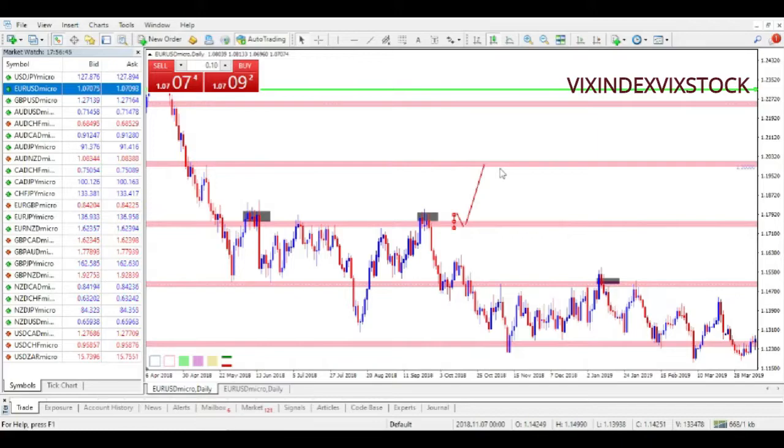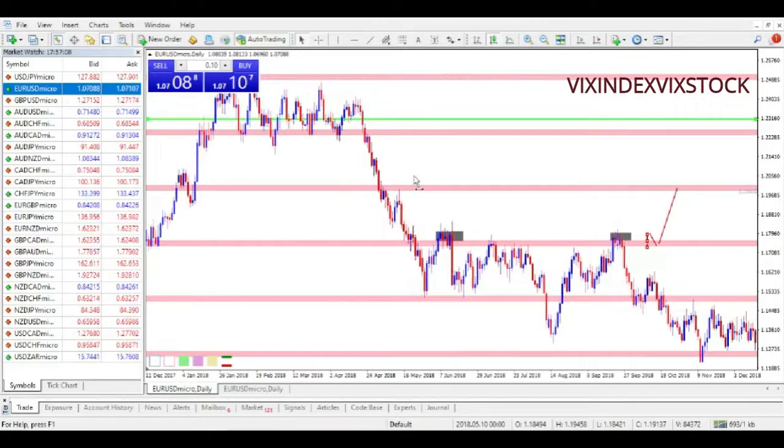There are many things that people can use. Some people use Fibonacci, some people use trend lines, some people use channels, some people use flags to give them an idea of whether it's a trap or whether prices are really going to continue going up.